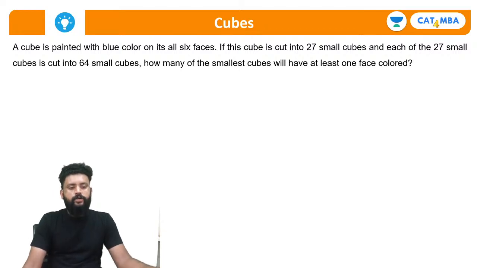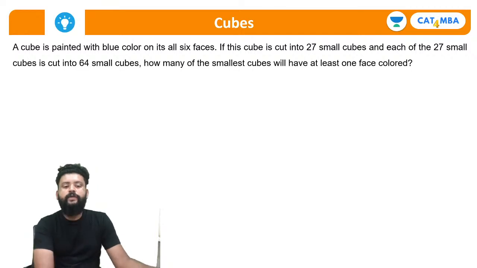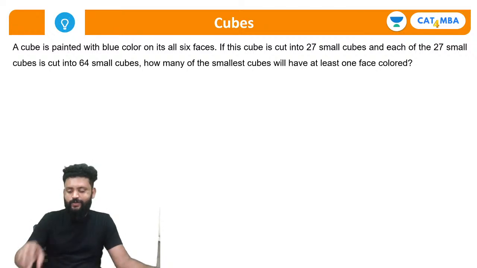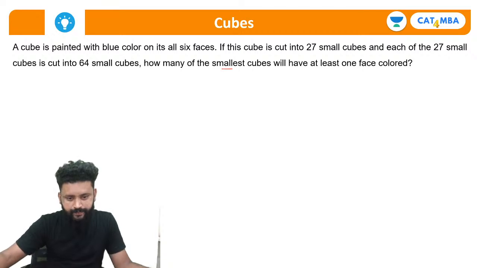A cube is painted with blue color on all its 6 faces. If this cube is cut into 27 small cubes, and each of the 27 small cubes is cut into 64 small cubes, then how many of the smallest cubes will have at least 1 face colored?